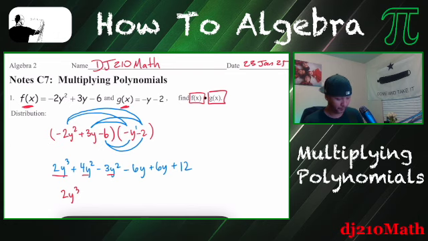We have 2. So it's going to be combining, right? 4 minus 3 is positive 1y squared. Looking at the y's, this is kind of interesting. We have negative y plus y. So those cancel. And then the constant, plus 12. And that's basically it.